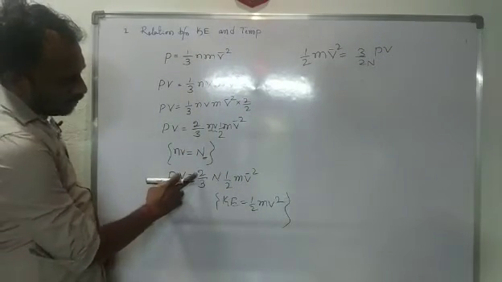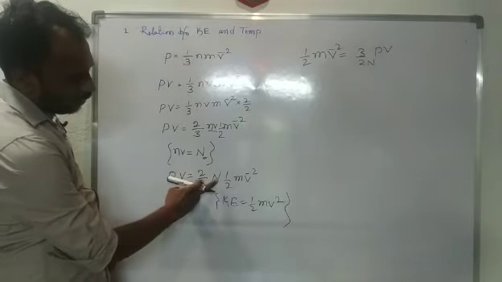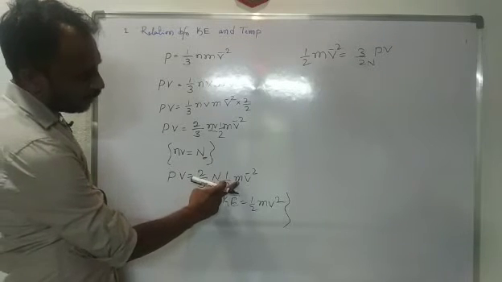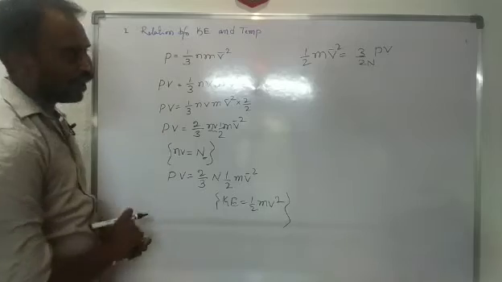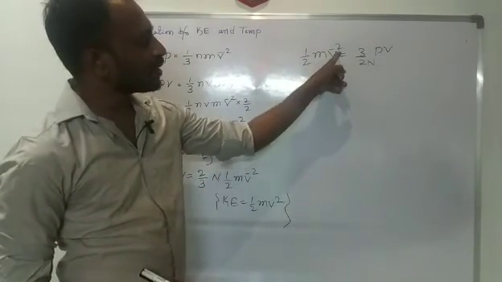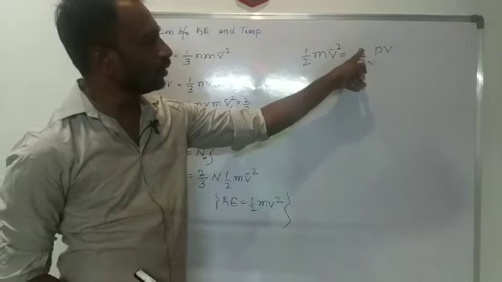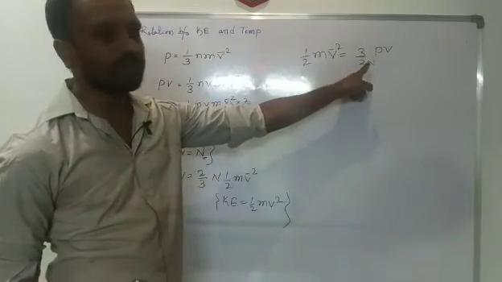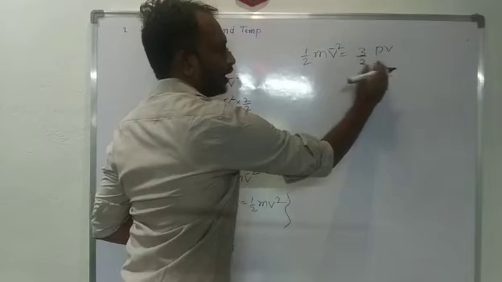PV is equal to 2 by 3 N into 1 by 2 M V bar square. So half M V bar square is equal to 3 by 2 PV divided by N.